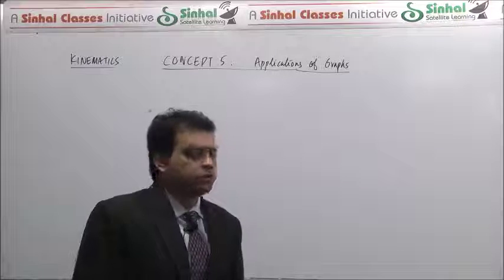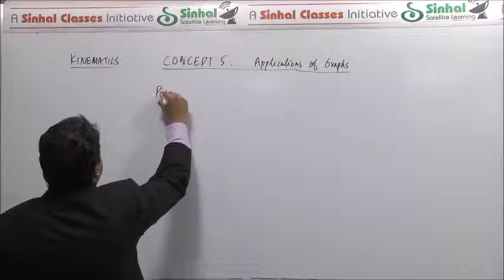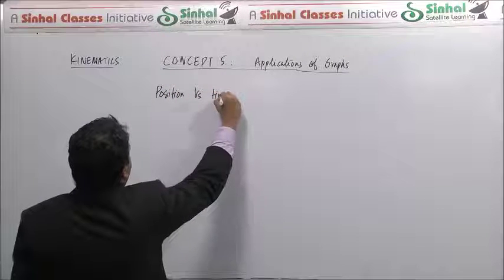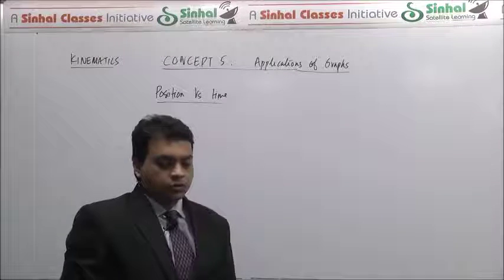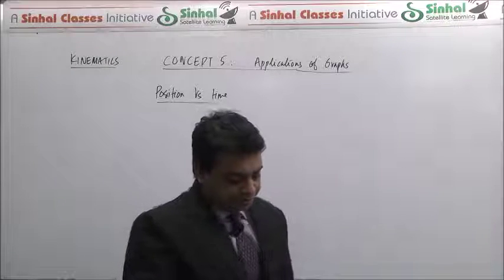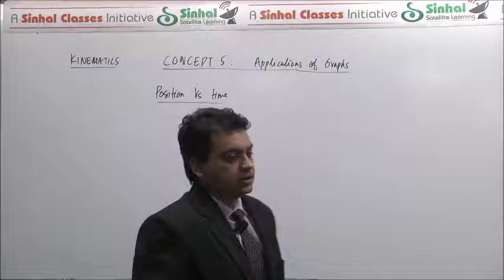Okay. So the first type of graph that we look at in kinematics is position versus time, or you can even draw a graph of displacement versus time. The important thing to remember about displacement-time graphs is that the rate of change of displacement is velocity, right?